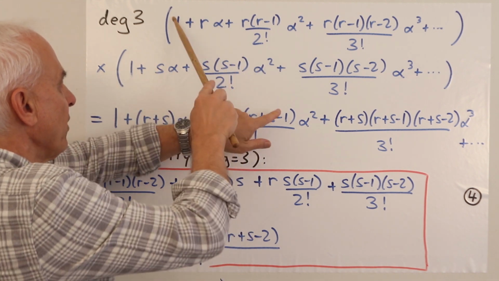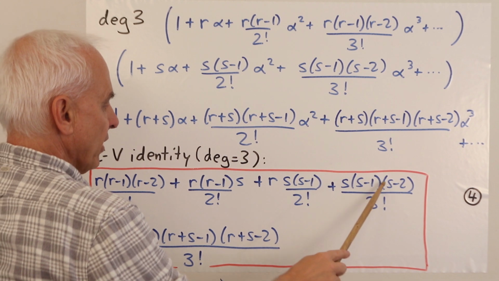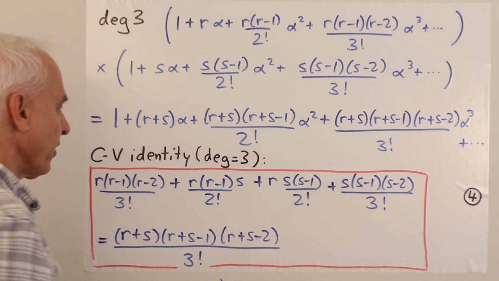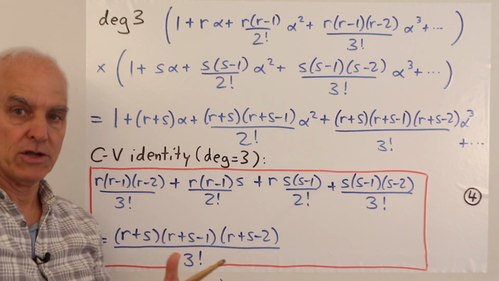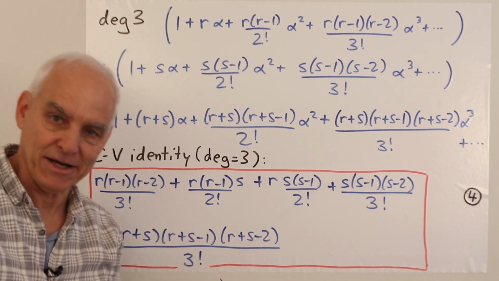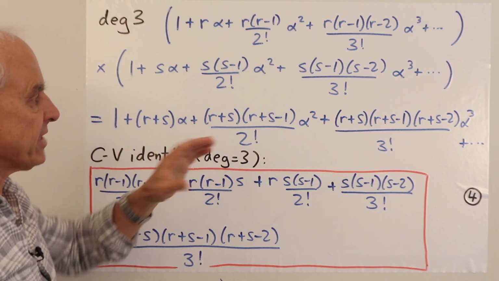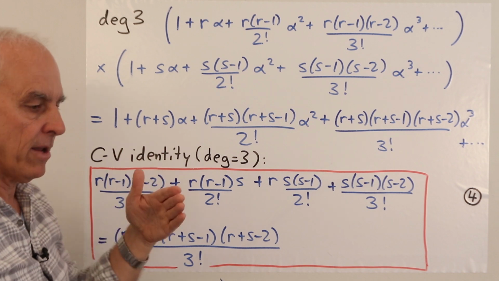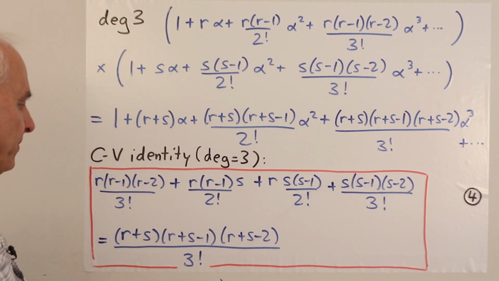And finally, this times the 1 here gives us s times s minus 1 times s minus 2 over 3 factorial. So this is then the corresponding Chu Vandermonde identity that we need to convince ourselves of in order to establish that these two sides agree up to degree 3 in alpha.